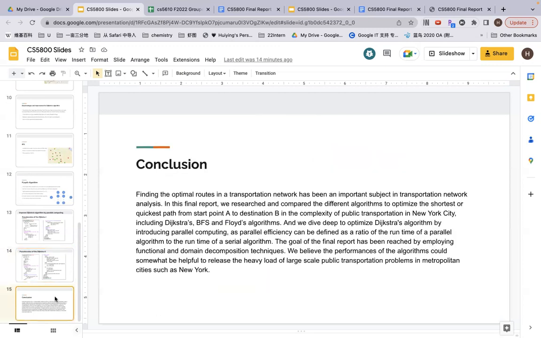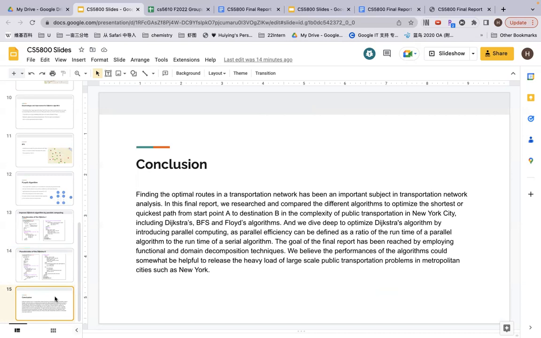And as for the conclusion, all in all, finding the optimal route in a transportation network has been an important subject in transportation network analysis. In this final report, we researched and compared different algorithms to optimize the shortest or quickest path from start point A to destination B in the complexity of public transportation in New York City, including Dijkstra, BFS, and Floyd algorithms.